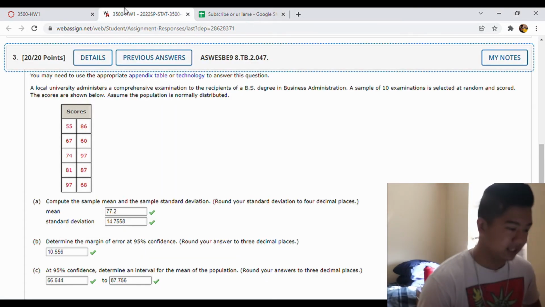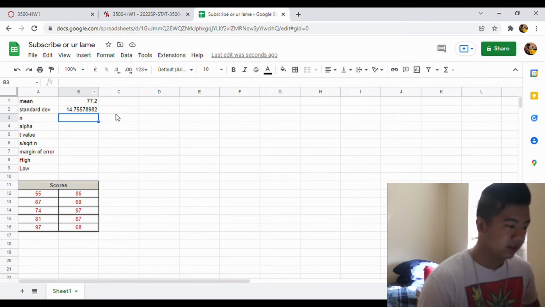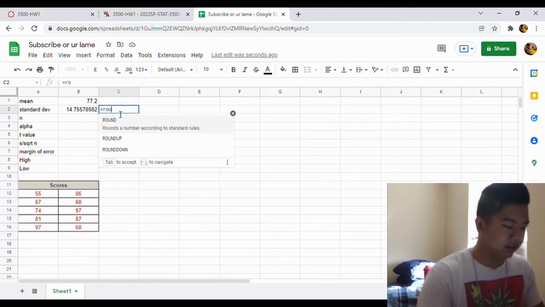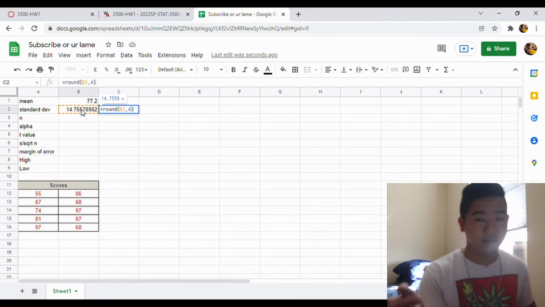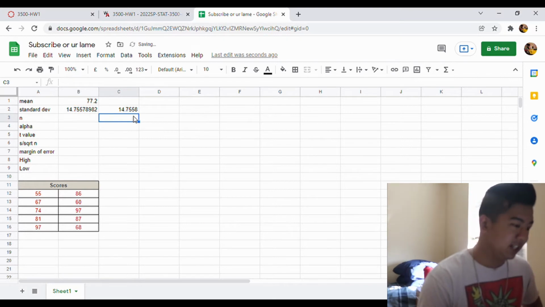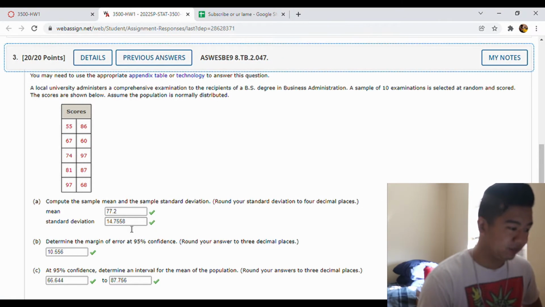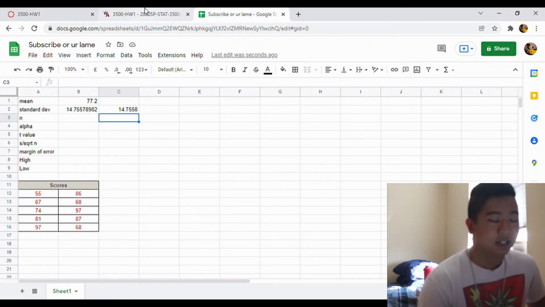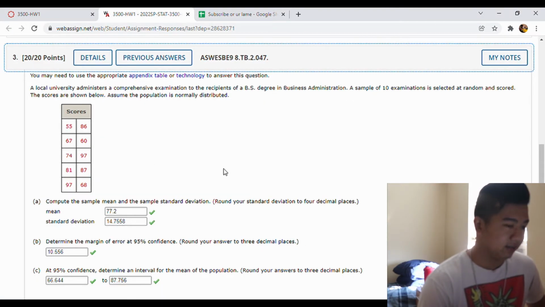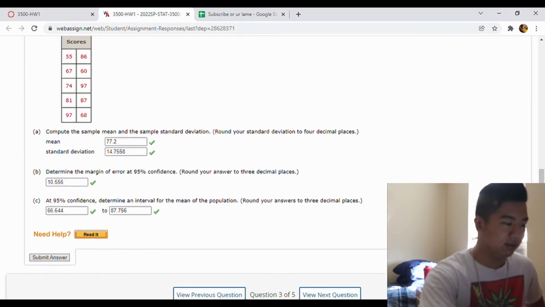I believe in the homework it says to round to 4 decimals, so equals ROUND, get in our number, comma 4 because we're rounding to 4 decimals, 14.7558. Same numbers, they line up, and 77.2 is already rounded, so we don't need to round it anymore.